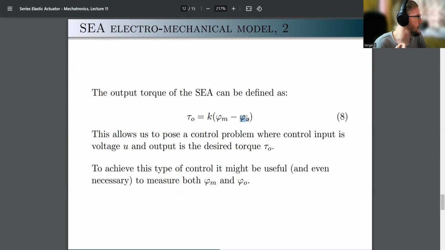So instead of trying to solve the problem of generating desired stable behavior of the whole system, we solve the problem of generating this output torque, which is done by controlling phi sub m. And then when we design the overall robot, we assume that we have this ability to generate this tau sub o, which is then used for controlling the rest of the structure. Right? That is one of the typical motivations for using a series elastic actuator.